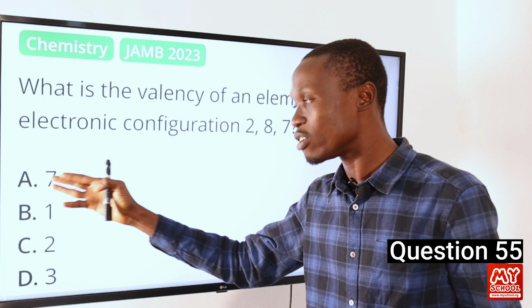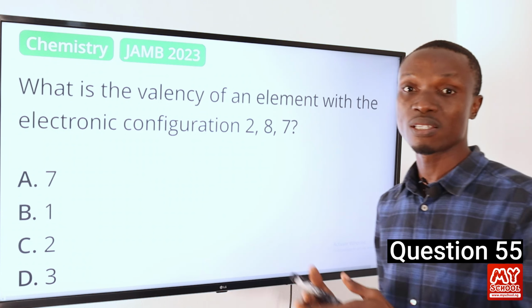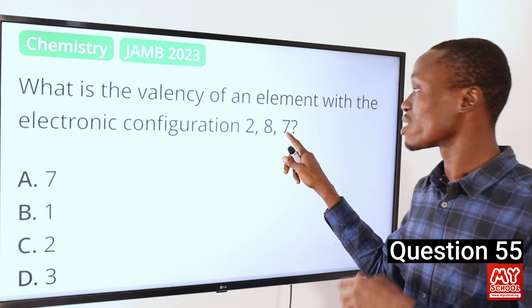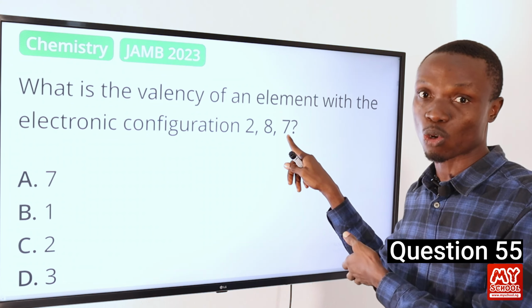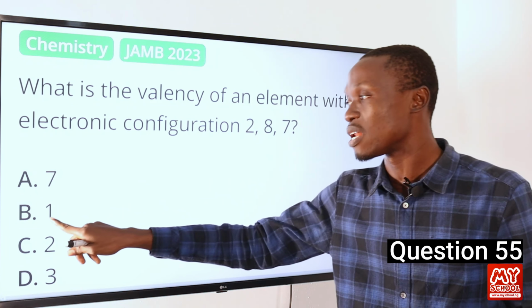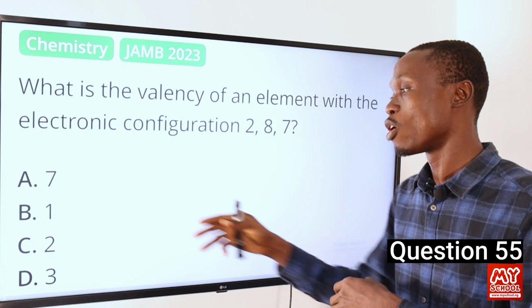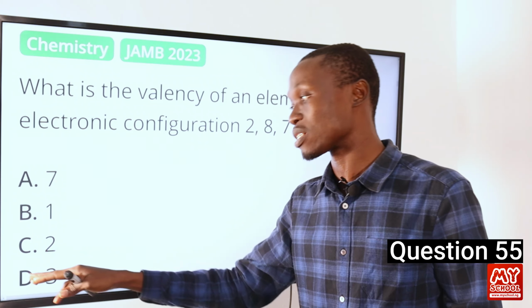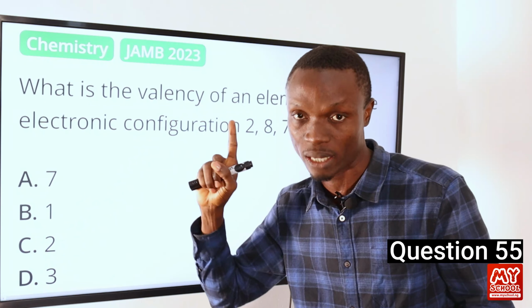So option A is not the correct option. Option B is the correct option, because chlorine can easily accept 1 electron, so that this 7 becomes 8. This 7 here indicates the number of electrons on its outermost shell, so it can easily accept 1 to become 8 in order to obtain that noble gas structure. So our answer cannot be 2, our answer cannot be 3. So the answer to this question is option B, 1.